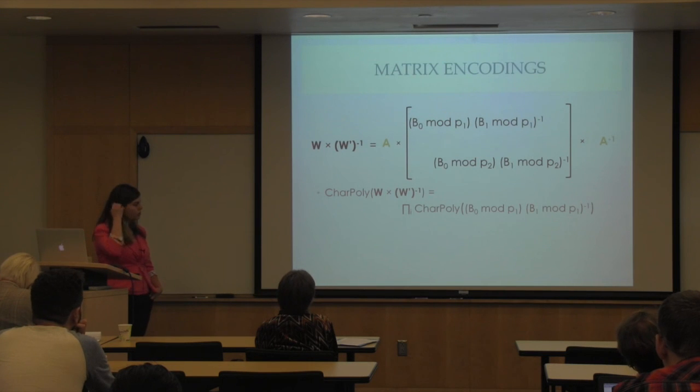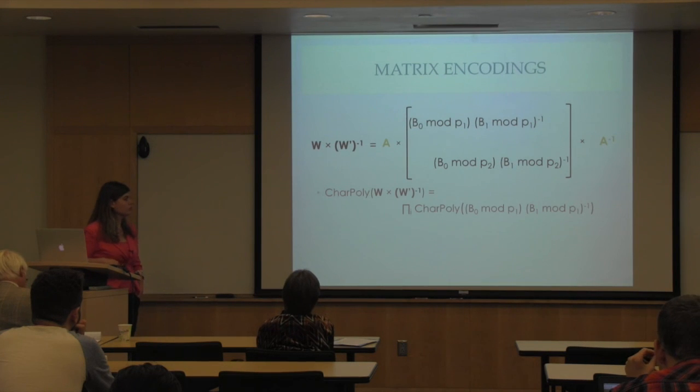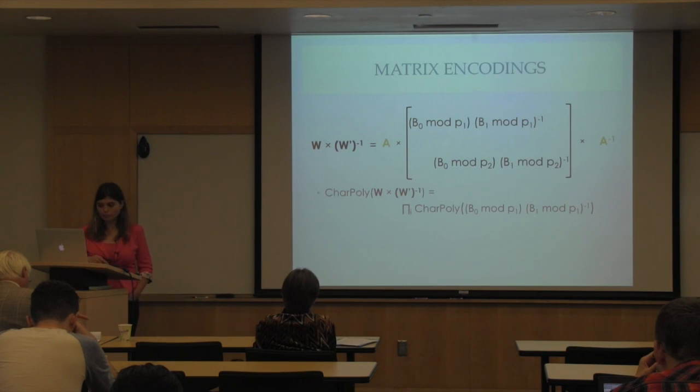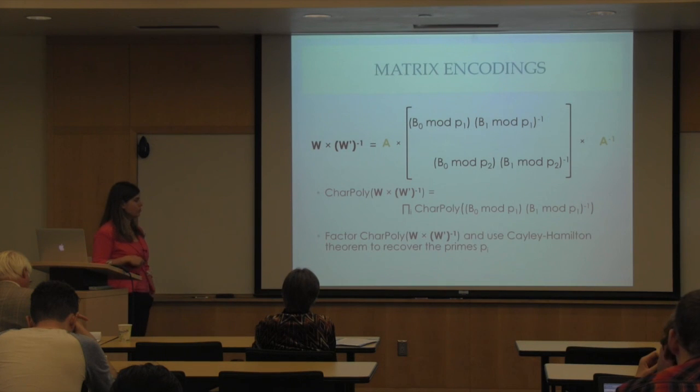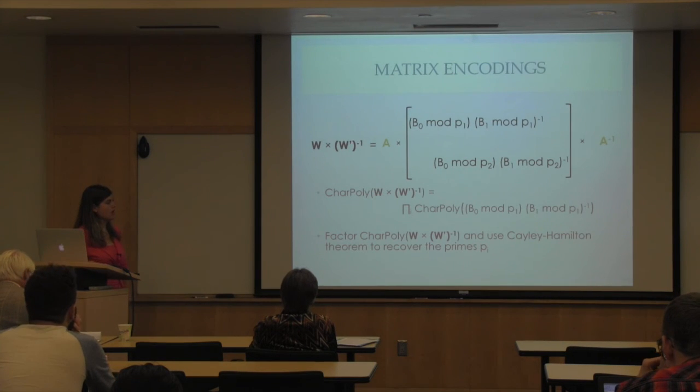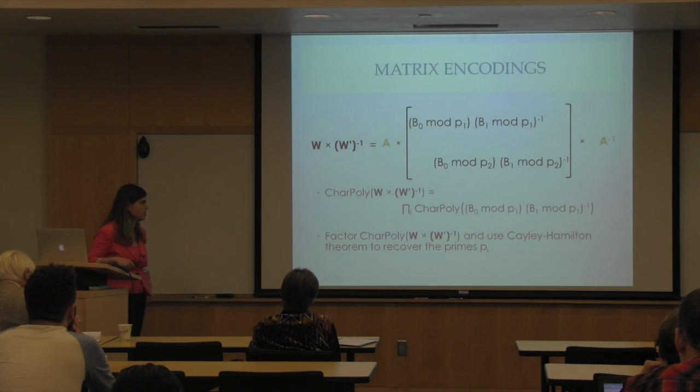So instead of this, what we will do is we will look at the characteristic polynomial of this matrix, and we will observe that this will be a product of the characteristic polynomials of these block matrices that we're obtaining on the diagonal. So our approach here will be to factor the characteristic polynomial of this matrix. And once we have factored this characteristic polynomial, we will use this to evaluate the factored polynomials at these block matrices.